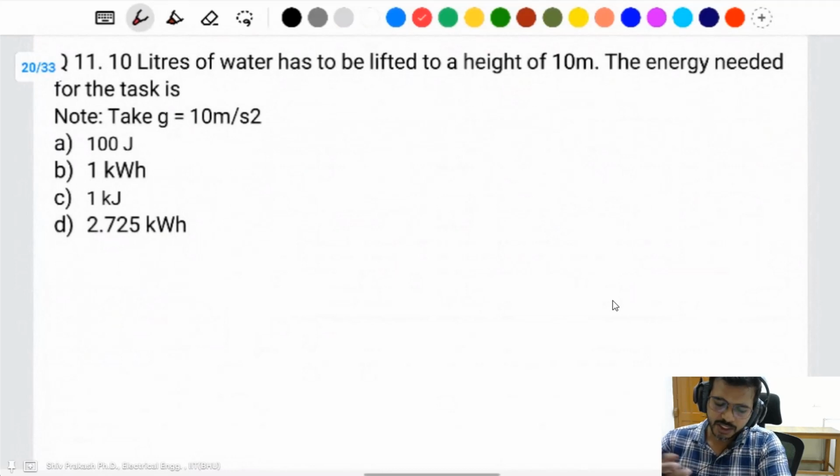Go to the next question. 10 liters of water has to be lifted to a height of 10 meter. What is the energy needed for this task? Gravity is given as 10 meter per second square.